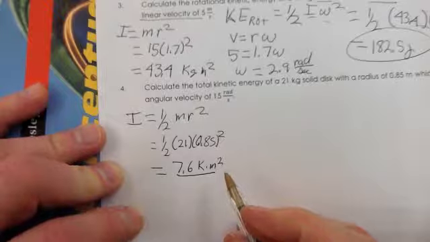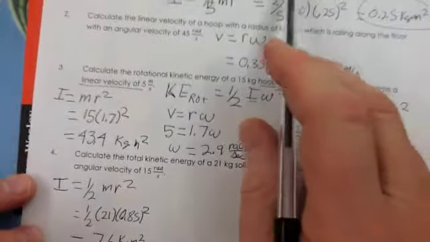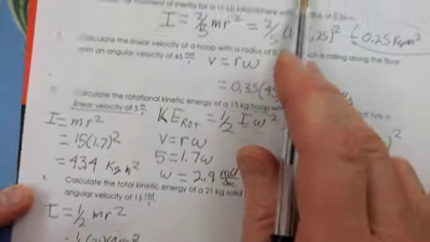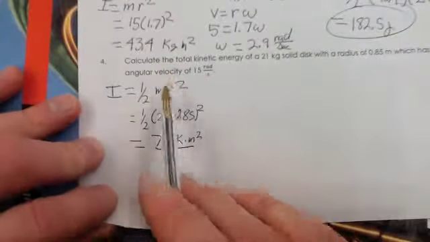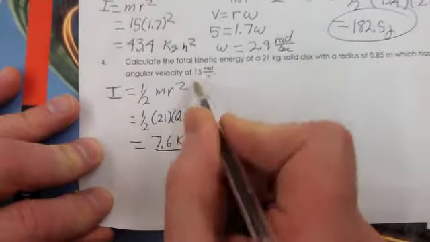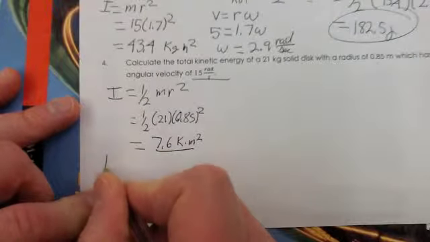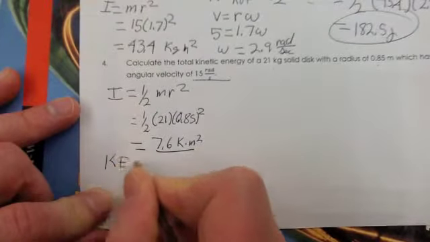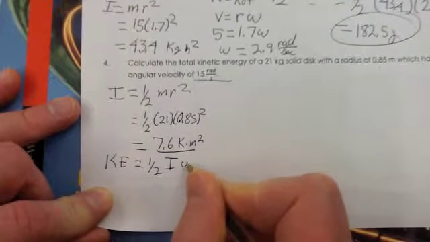From that, I also need to find my rotational kinetic energy. It's right here: 1/2 I, which I found, times omega squared, and they gave me my omega. My omega is right here. So my KE is 1/2 I, which I just found, times omega squared.